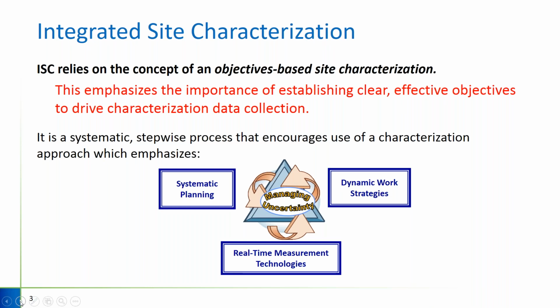We're talking about objectives for site characterization. So we want to establish and enumerate objectives that say exactly what we're trying to do with our specific site characterization program. This is a systematic, stepwise process that can look a lot like the old triad approach, which we've shown here on the bottom of the slide, where you have a planning phase, you have dynamic work strategies, and you use real-time measurement technologies to the extent that you can.